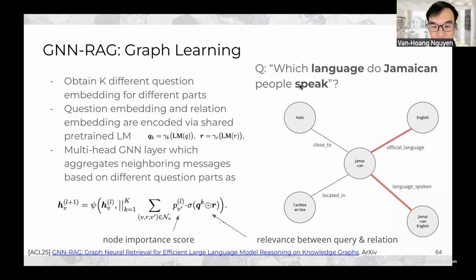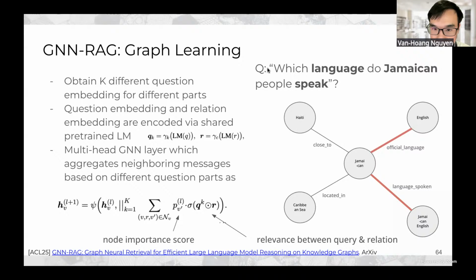So, for example, if our query is which language do Jamaican people speak, and here is our graph, then we identify the node as Jamaicans, and here are the four neighboring nodes, each connected to the node Jamaicans with a relation. In these functions, we try to calculate the relevance between the query and the relations, and this reflects the strength of the connection between the node and its neighbor.